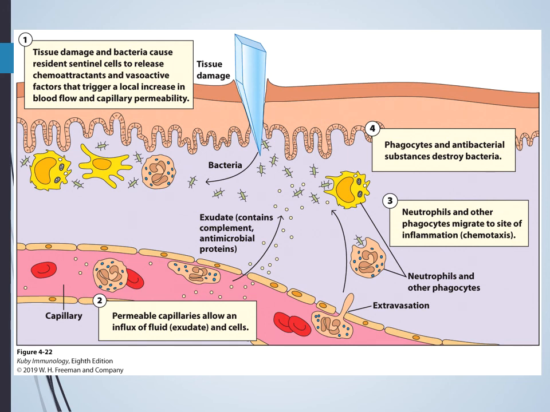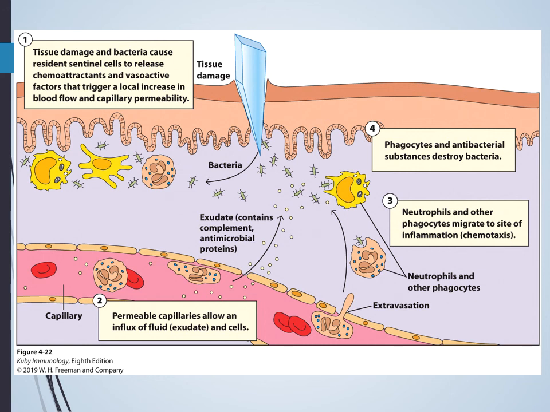So then looking at step 2, what happens in response to histamine and other components is that we get changes in that vascular system in the capillary. And so you'll notice that there's these pancake cells. They look like pancakes in here. Those are the endothelial cells that are going to line the blood vessels.